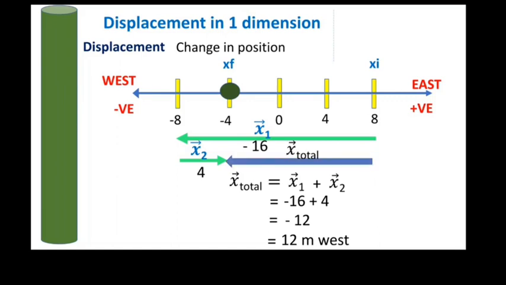So you can add displacement, you can treat displacement like that, especially when the object moves in one dimension. One of the displacements can be positive, can be negative, if the object changes direction. So if the object changes direction in one dimension, then it means one of the displacements has to be negative, one of them has to be positive.